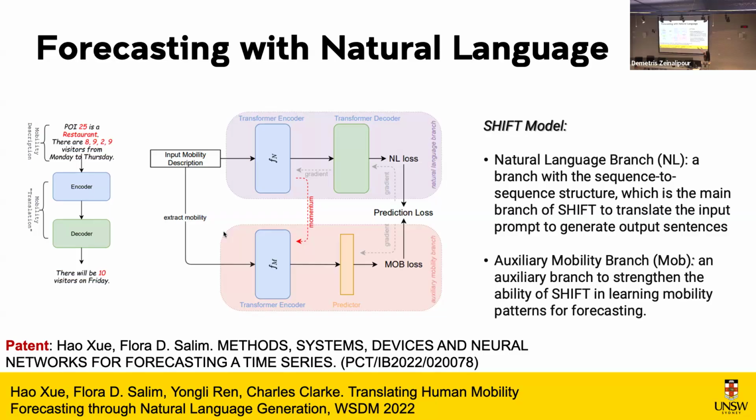The reason was we were not confident the natural language branch itself is enough. We believe we still need to introduce the numerical branch to be able to predict the numerical value, and then we can reduce the loss between the two by introducing this prediction loss.